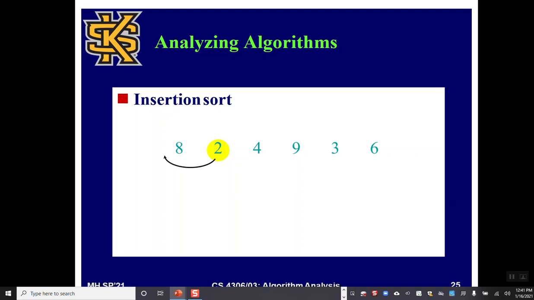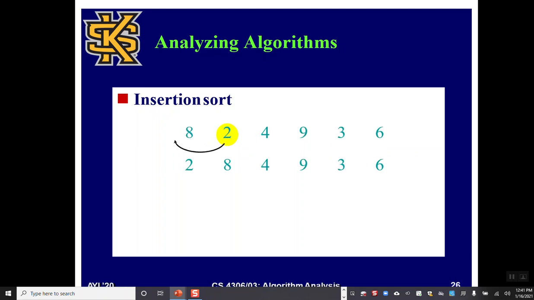What it does initially: we see that 2 is compared with 8, and since 2 is less than 8, 2 will come in the front, and then 8 will go to the next place. Then we get a slightly modified, sorted list. But there are many internal steps here.